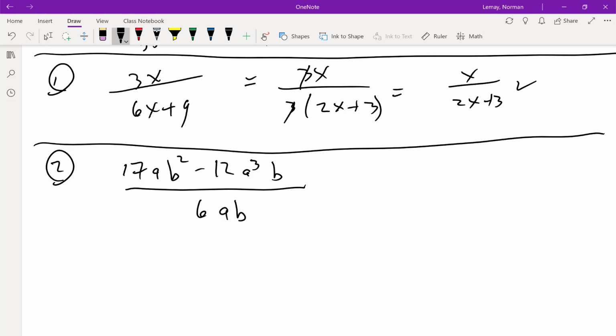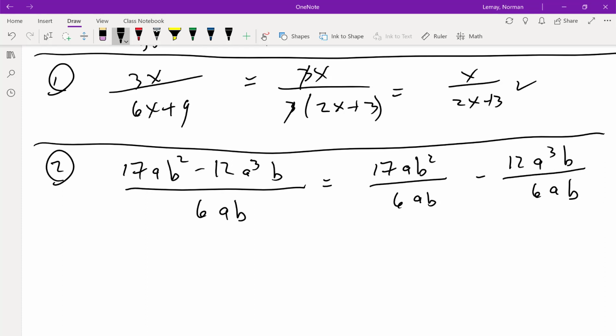Here we have this compound polynomial up top and just a single monomial on the bottom. Again, this is something we've already seen before. So we can rewrite this as 17ab squared over 6ab minus 12a cubed b over 6ab.